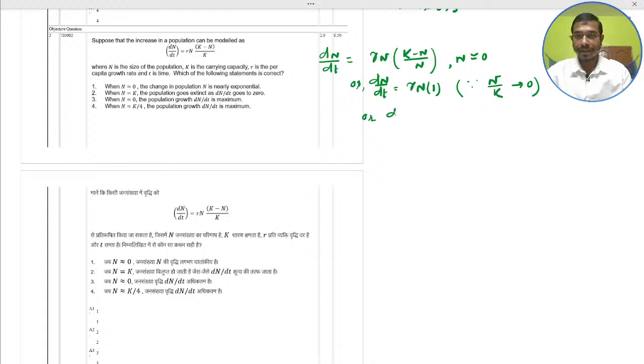That means dN/dt is equal to integration of gamma dt. That would be what? Differentiate both sides.